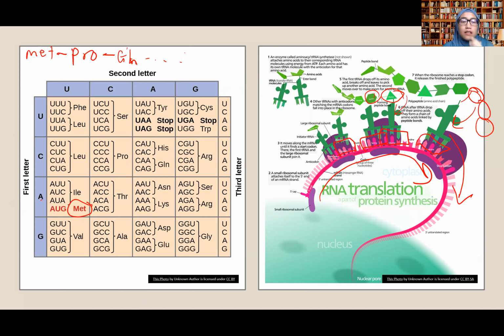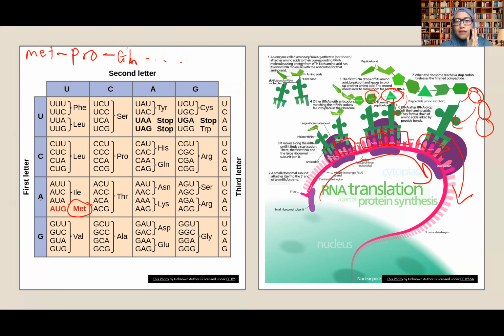So you can imagine if only one letter gets deleted, it will form another protein altogether, because the codon is 3 bases each.